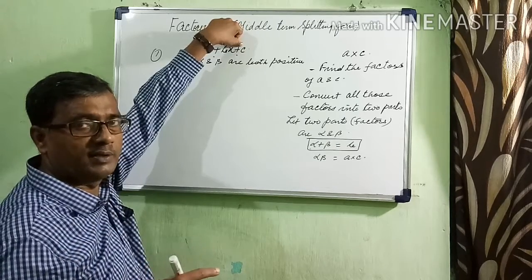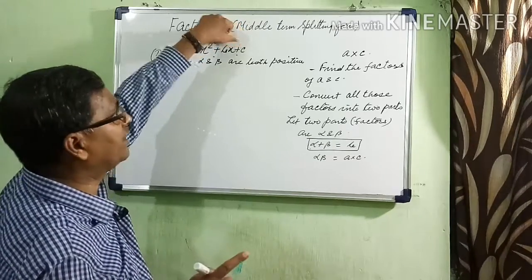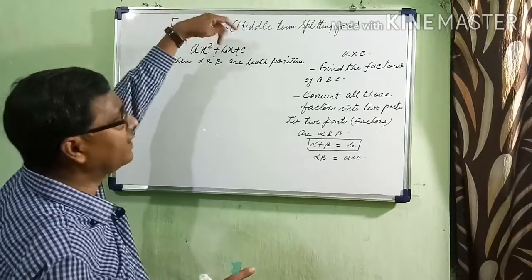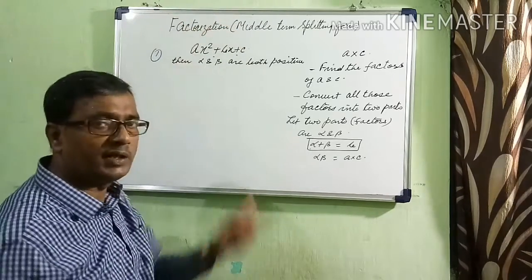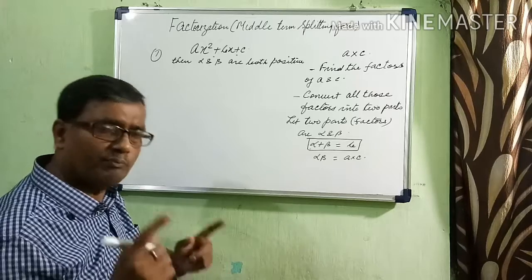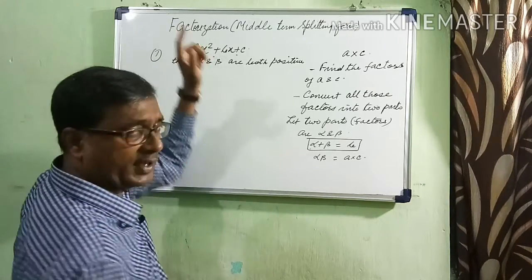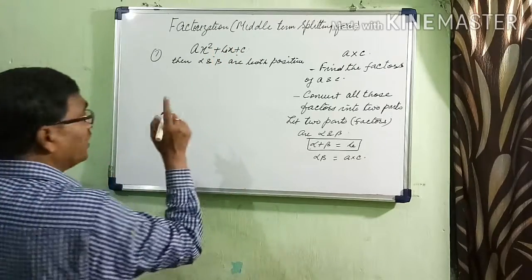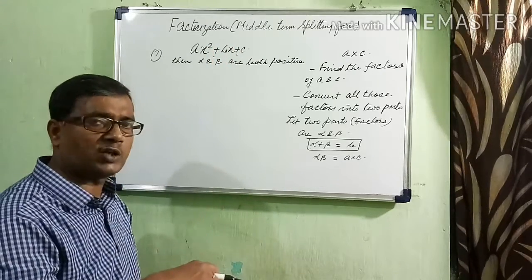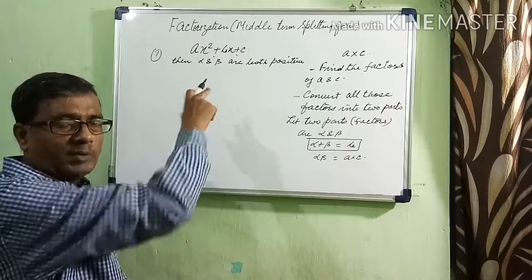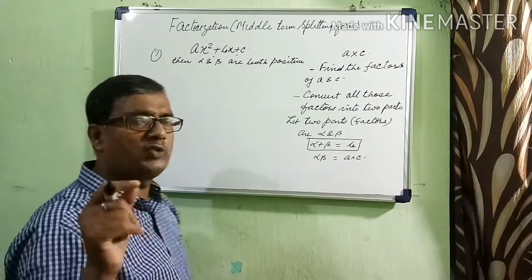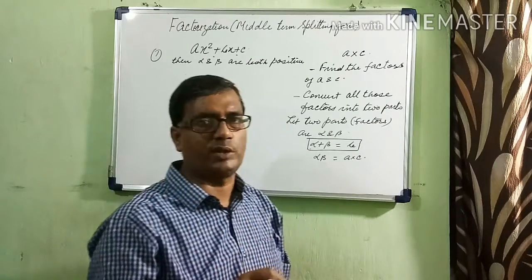Then the bigger part you take positive and the smaller part negative, so that this into this will be negative. We take a as always positive. If it is not, then take out negative as a common factor and make it into that form. That means you should always make the coefficient of x square positive.